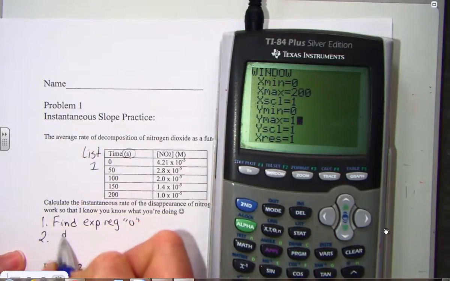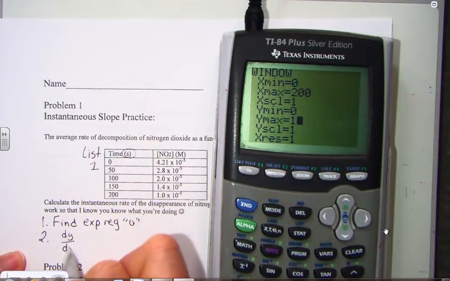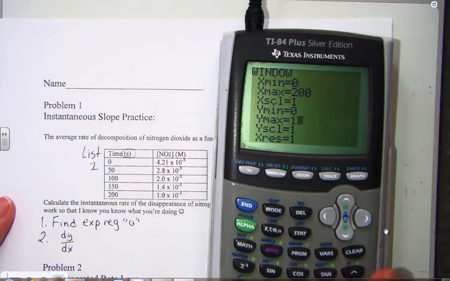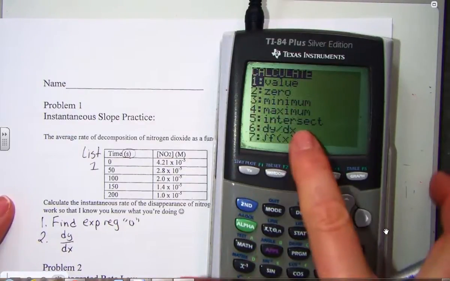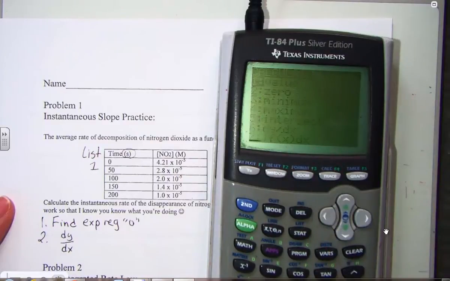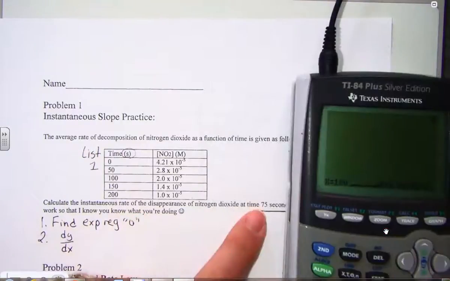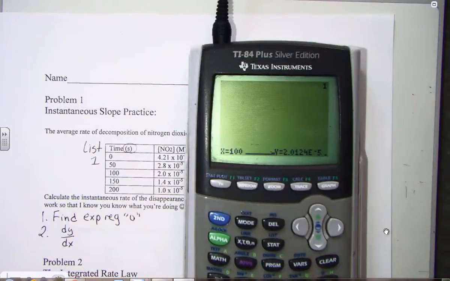Next thing I want to do is find the derivative, dy dx. And to do that, what we'll end up hitting is second function calc, choice 6, and we let our calculator think for a moment. And the time that we're solving for is 75 seconds, so I'll hit just 75 and enter.